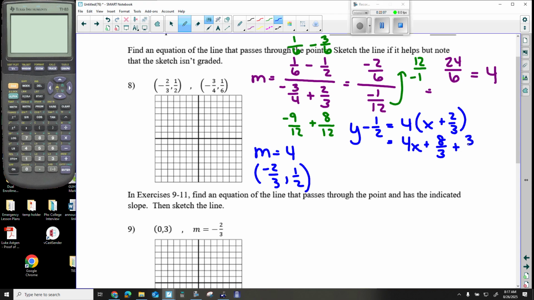Let's go with 6. So plus 3/6. Going backwards real quick, this is going to be 16/6. That's 16/6. And thus y is equal to 4x plus 19/6.